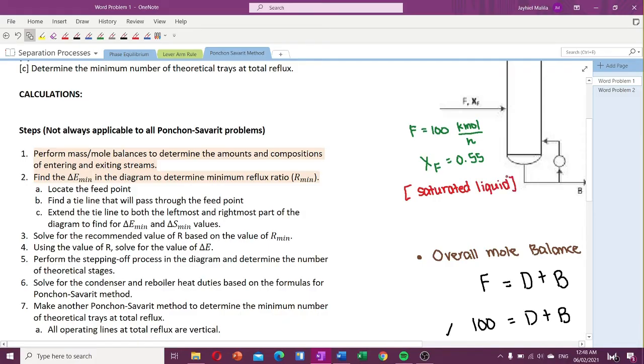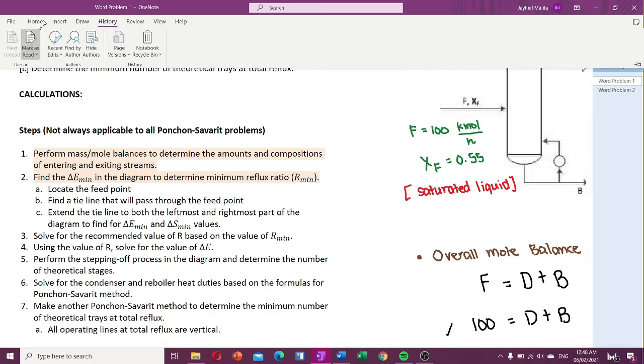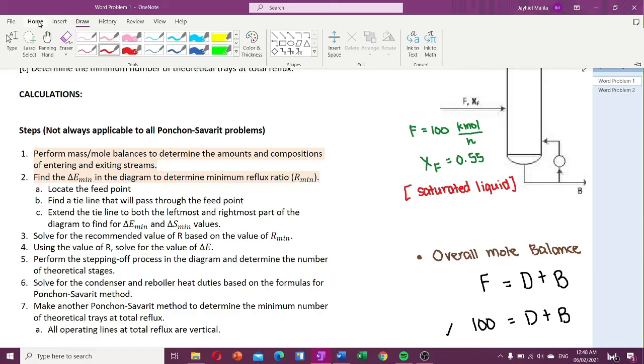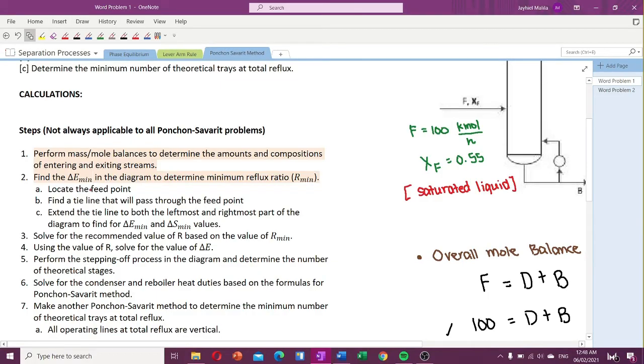That will affect the location of your feed point in the diagram. So let's locate the feed point in the diagram first.